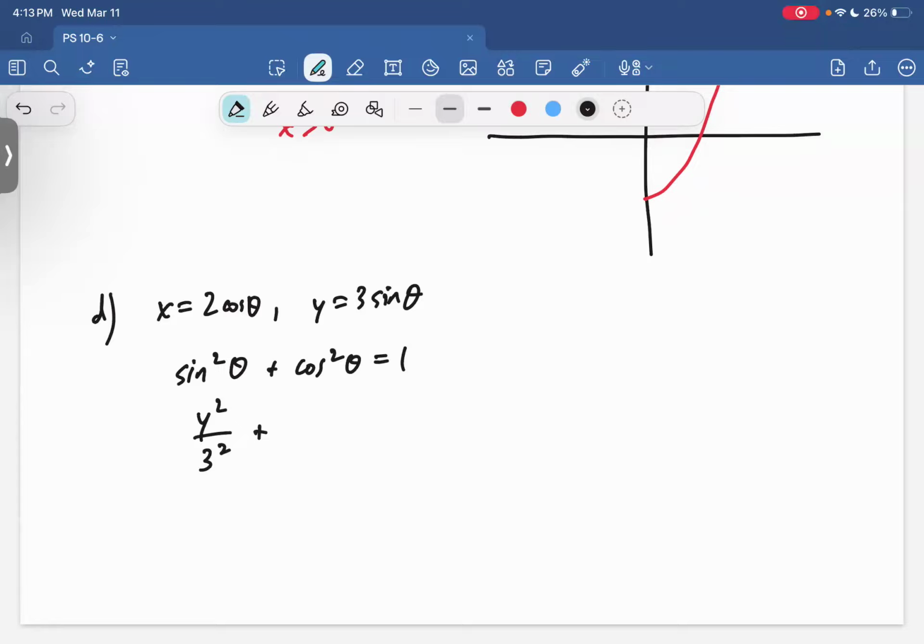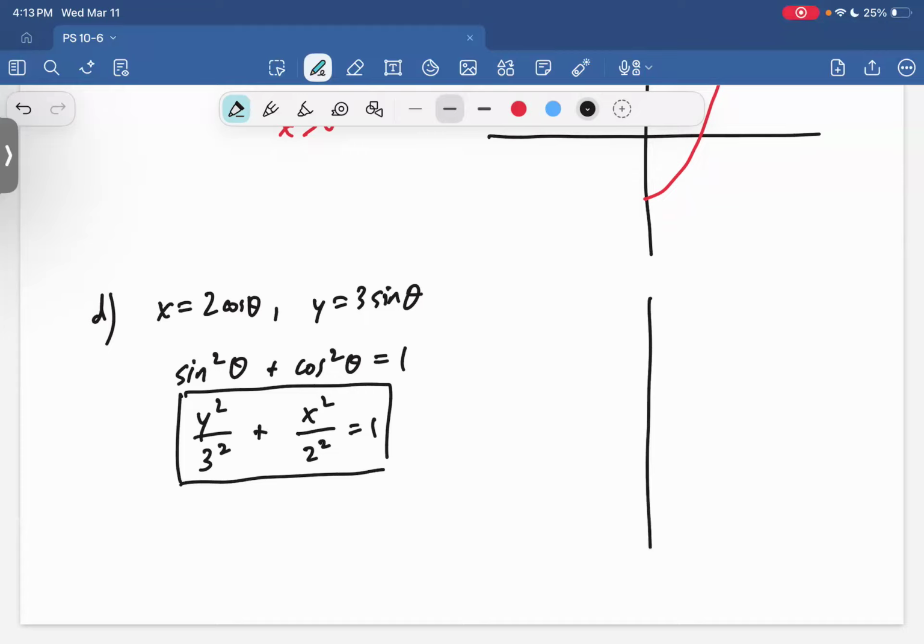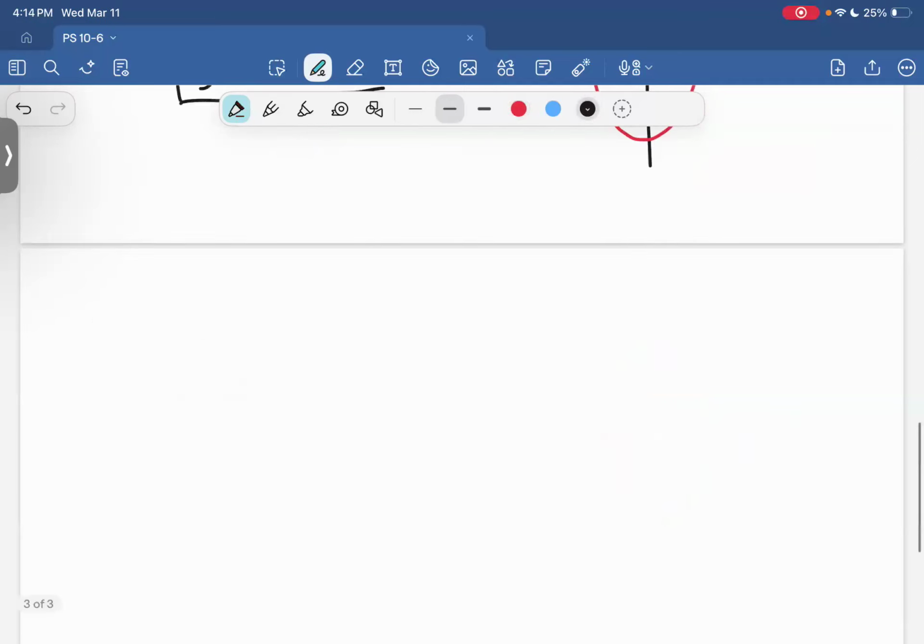Cosine squared is x squared over 2 squared. So this is an ellipse with x radius 2 and y radius 3. So this is 2, that is 3. All right, so that's what the graph looks like there.